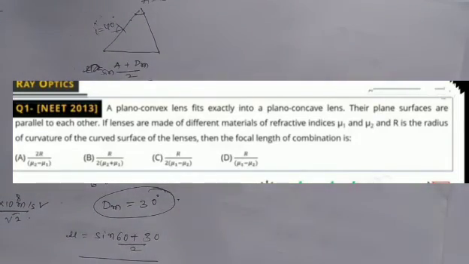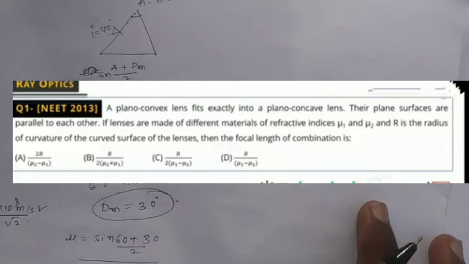The problem is: a plano convex lens fits exactly into a plano concave lens. Their plane surfaces are parallel to each other.